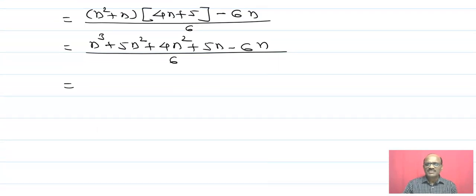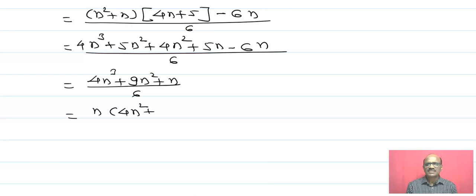Now the normal simplification is there, n cube plus 9n square minus n. There is a minus sign there, I am changing it.